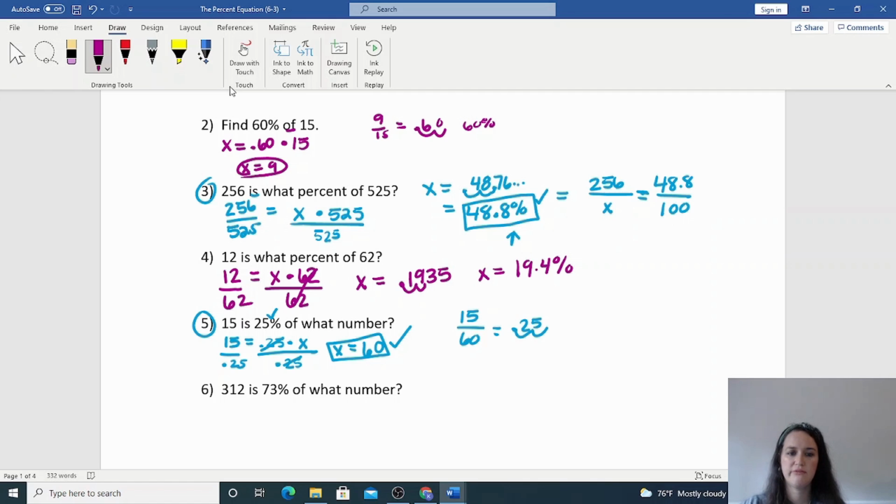And then same thing if you wanted to check it. You can either check the 12 or the 62. It's up to you. So if I say 12 over an unknown number equals 19.4 over 100. You can do the decimal form if you prefer, but just don't put it over 100. I get 1200 divided by 19.4, and I get 61.85, which would round up to 62.